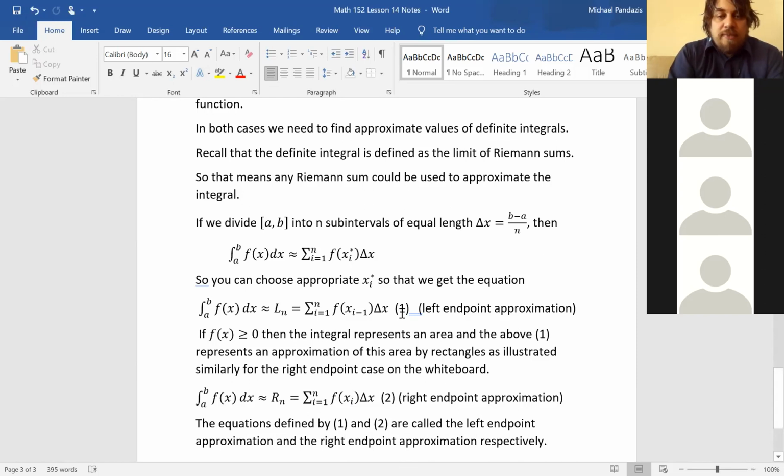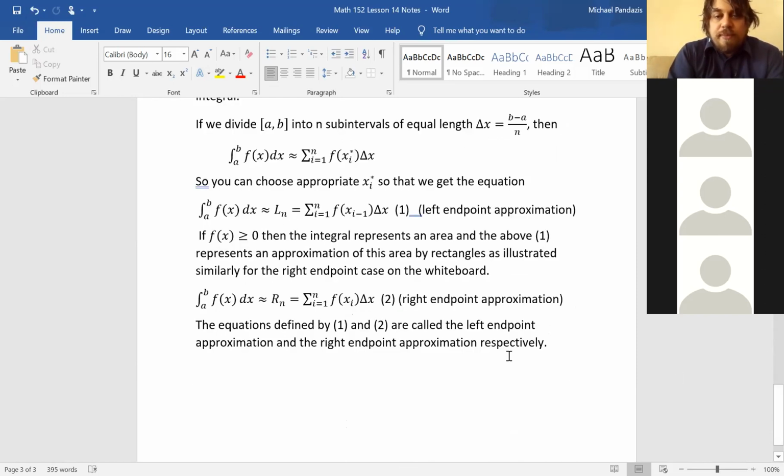I put that next to it, but I'm also saying it here. I'm going to underline left endpoint approximation, right endpoint approximation. And so both of those can be used to approximate the value of a definite integral.